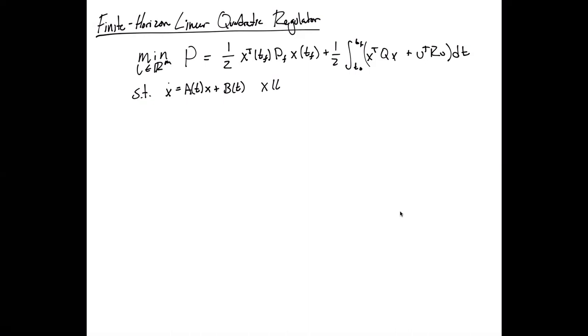The matrices Q, R, and Pf are given. We need Q to be positive semi-definite, and R and Pf are positive definite. And they're all symmetric.